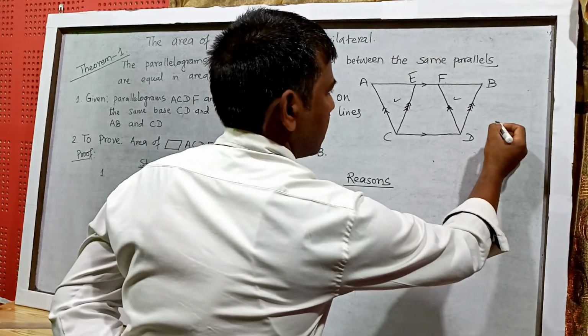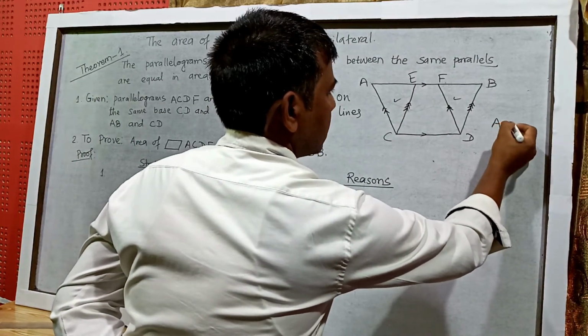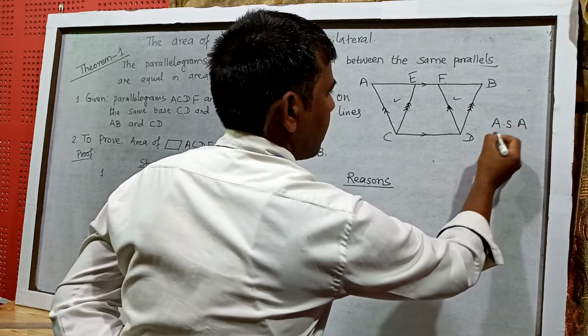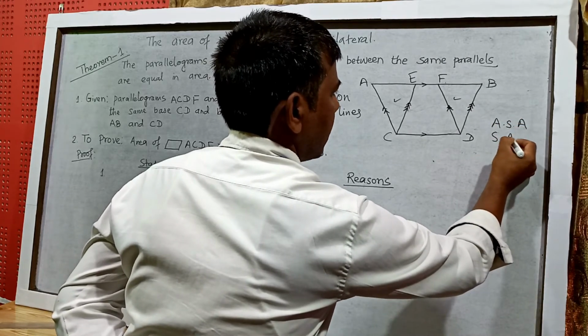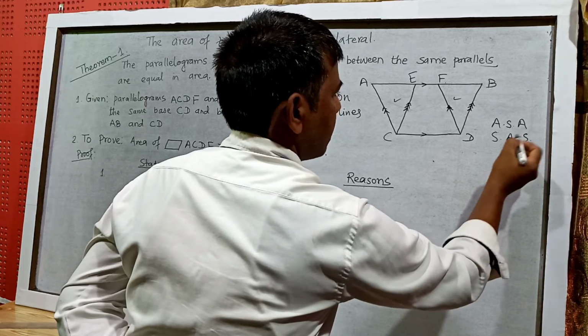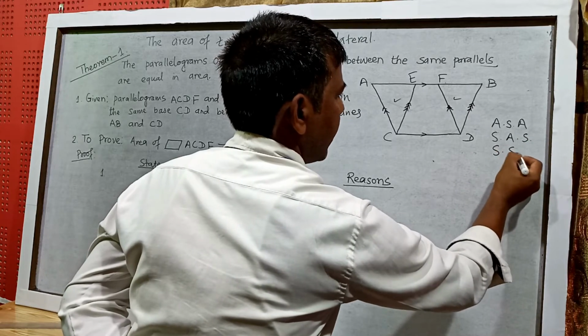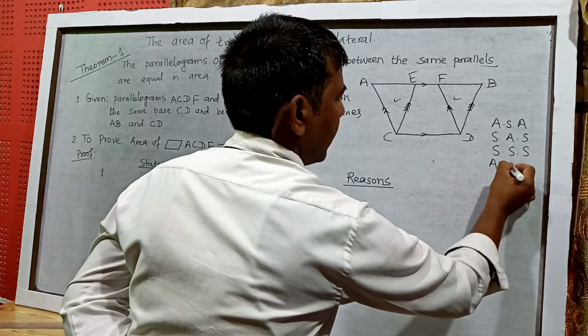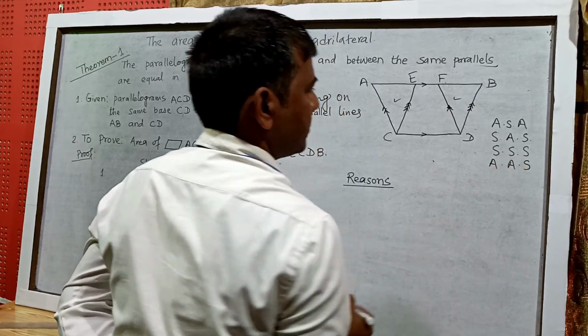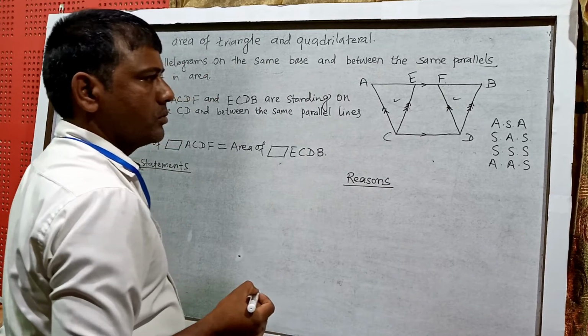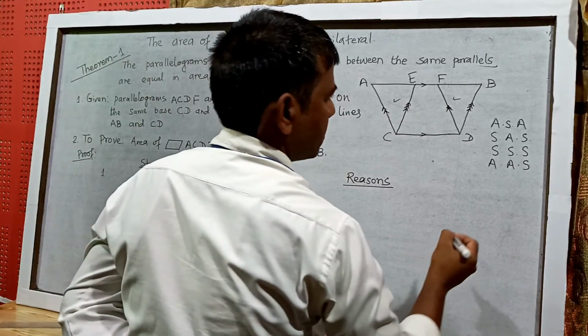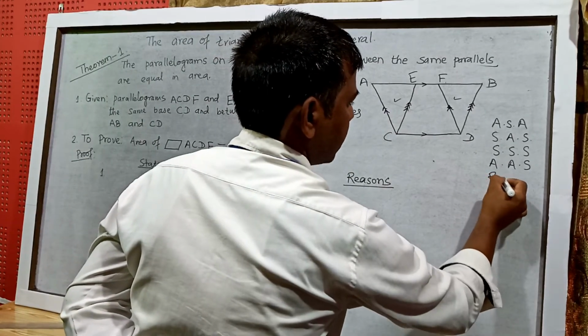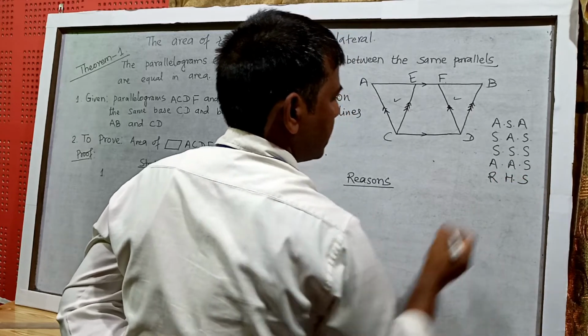They are angle, side, angle axiom; side, angle, side axiom; side, side, side axiom; angle, angle, side axiom; and RHS axiom.